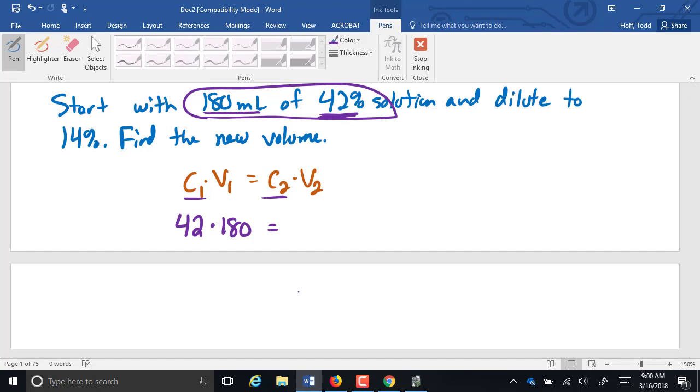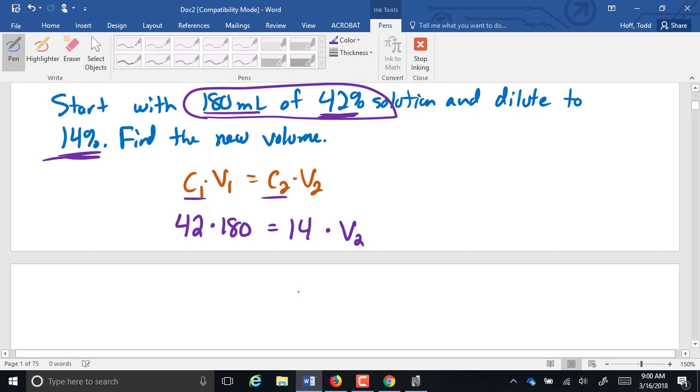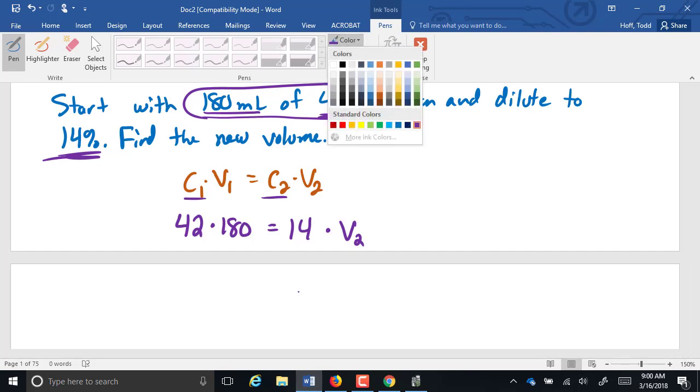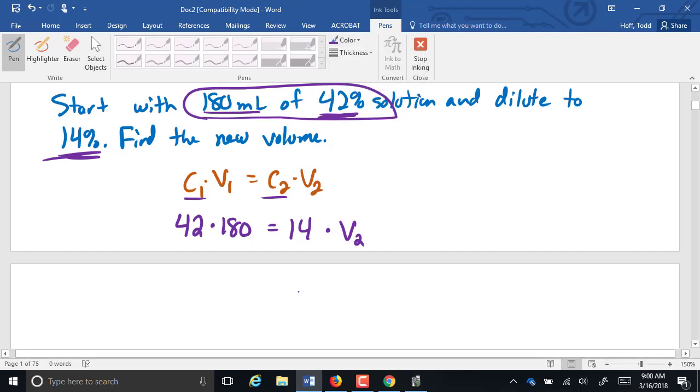My second concentration and volume, what do I actually know? The 14% is the second concentration. I am looking for the new volume, V2. Remember that 2 is not really a number. That's just indicating that that's the second volume, so we can't do anything mathematically with that 2.